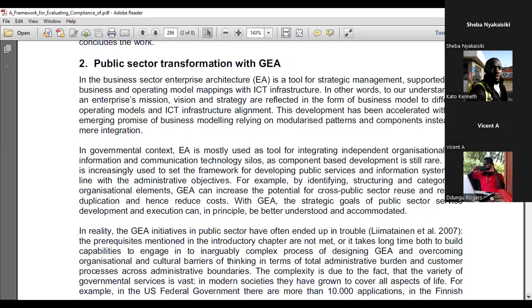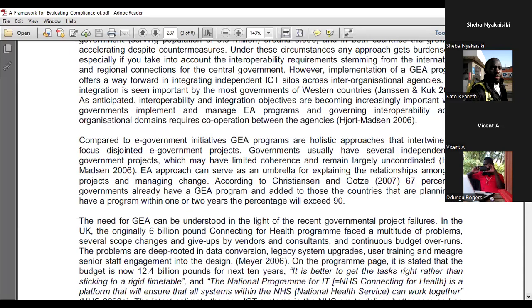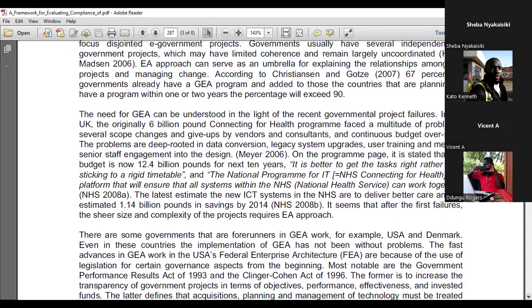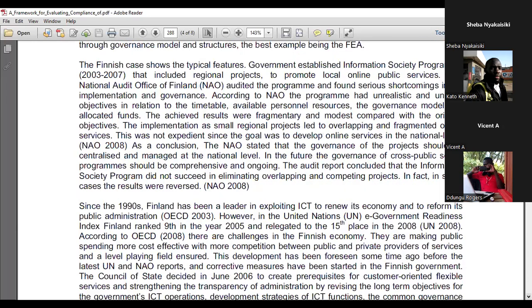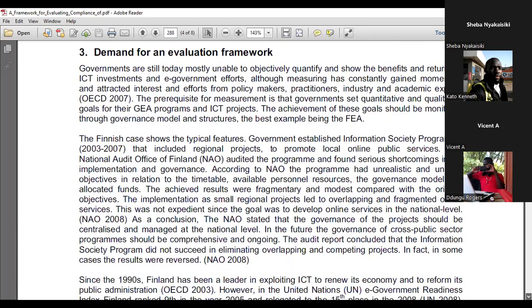Let's look for their research method first. Research method, I already know what it is. It's design science, because they came up with an artifact.